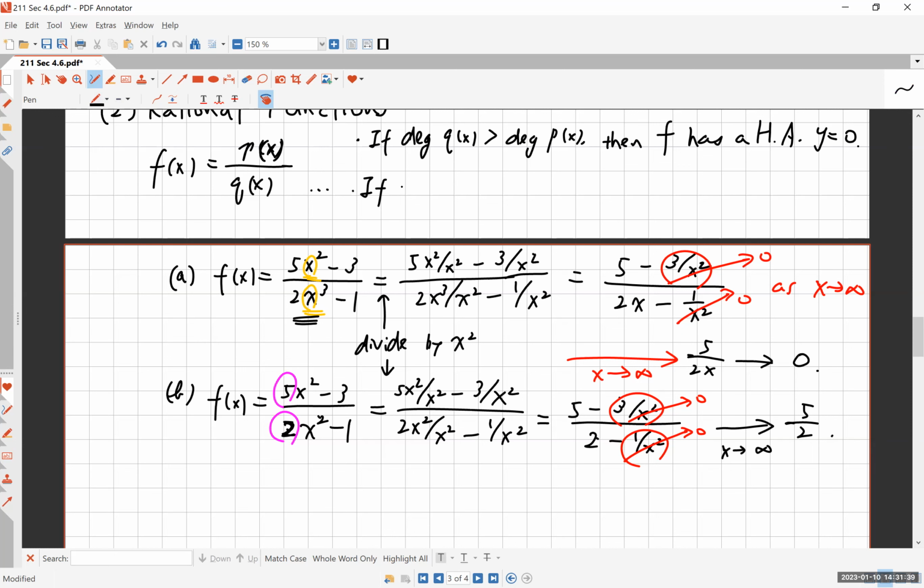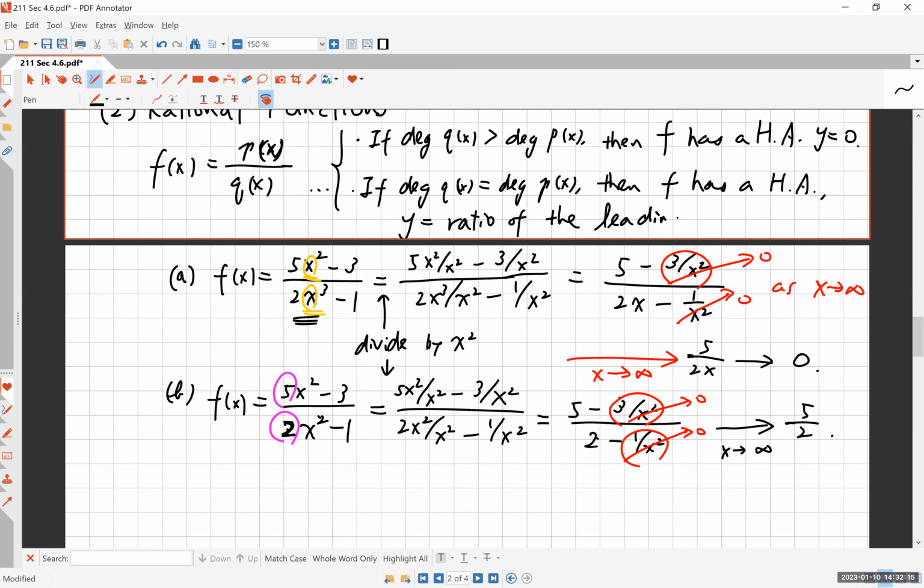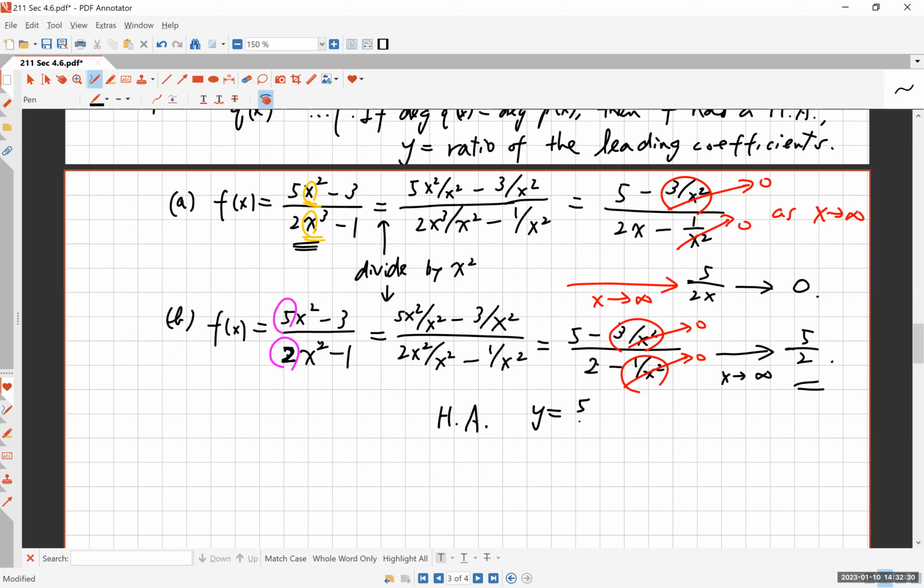And so this gives us the idea that if Q and P have the same degree, then f has a horizontal asymptote, which is at the level of this limit as x approaches infinity, or negative infinity for that matter, which is y is the ratio of the leading coefficients of P and Q. So in this particular example, the horizontal asymptote is y is equal to 5/2.